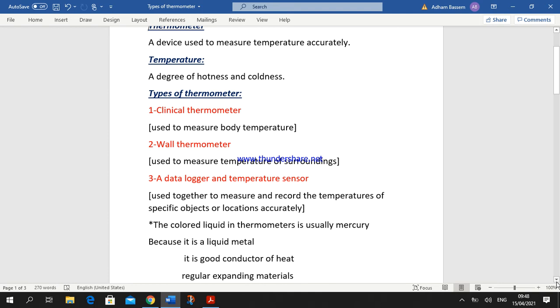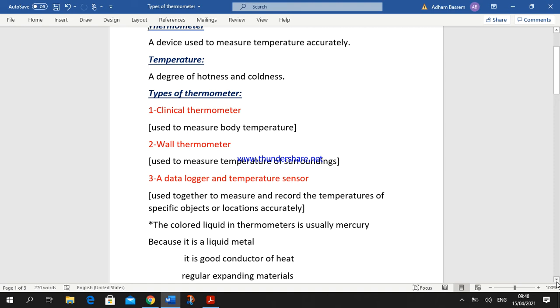We note that the medical thermometer contains a colored liquid, which is usually mercury. The liquid inside the medical thermometer or Celsius thermometer is usually mercury, where mercury is the only liquid metal and is characterized by many properties. Number 1, it's the only liquid metal.